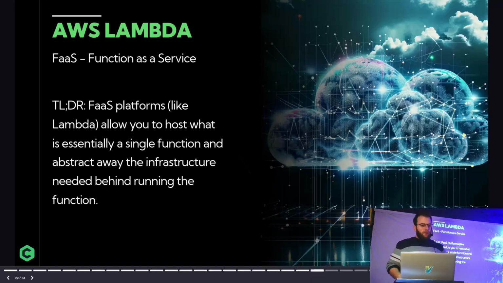So, AWS Lambda. Lambda is one of the many, many, and I can't say that enough because they have so many services, one of the many services that AWS provides, and Lambda is what's called function as a service. So the theory behind function as a service platforms like AWS Lambda is that they allow you to host essentially one piece of code.